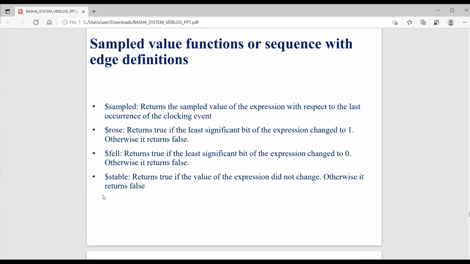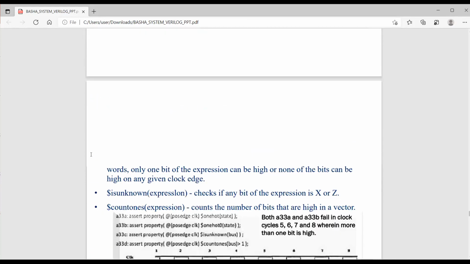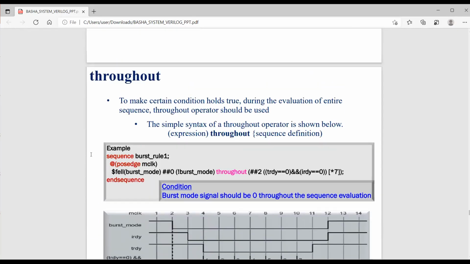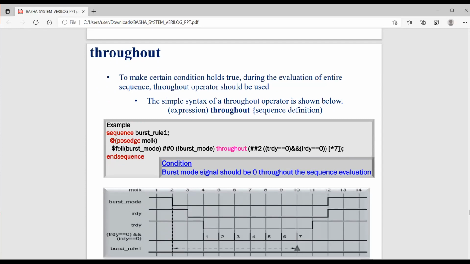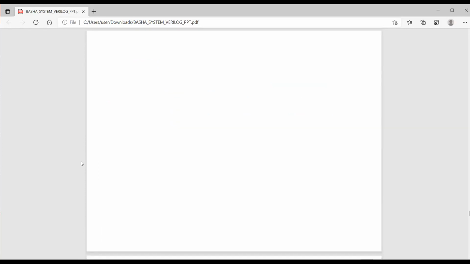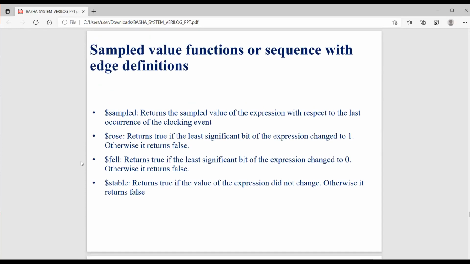And you have some other sampled value functions. What are those? We'll see. As I told you, we have seen $fell in the previous example. So what does $fell and all do?